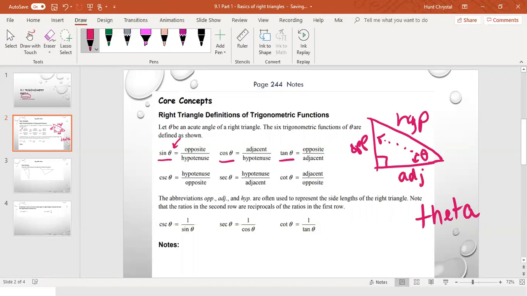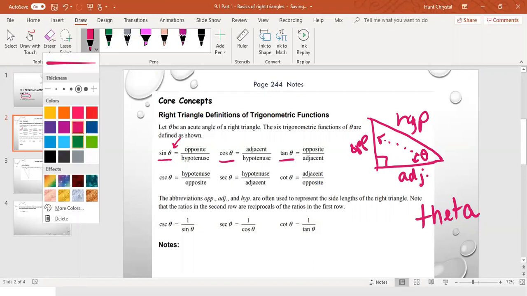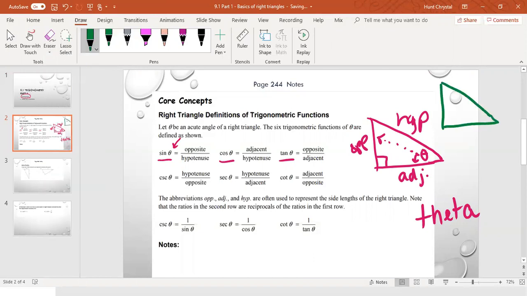Okay, now let me do a different color here, and let's change it out, do the same triangle basically. Here's my right angle, which means my hypotenuse has to be across from that. And let's say my theta was here.